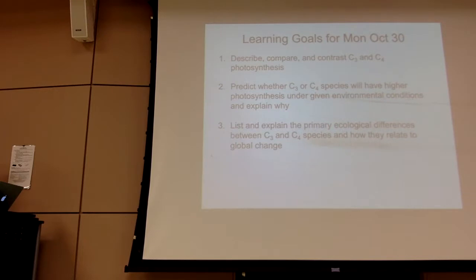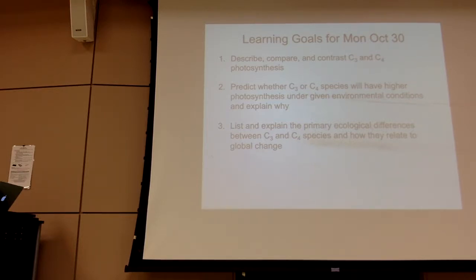All right, so today we're going to talk about C3 and C4 photosynthesis. Our goal is to be able to describe, compare, and contrast those 2 types of photosynthesis. And then, based upon whether a species is C3 or C4, be able to predict which one will have higher photosynthesis in particular environments.